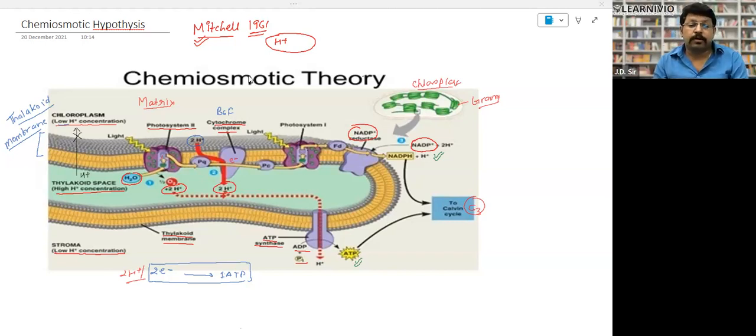It is also enriched by pumping in of hydrogen ions when electrons pass through the cytochrome B6F complex. Full stop.